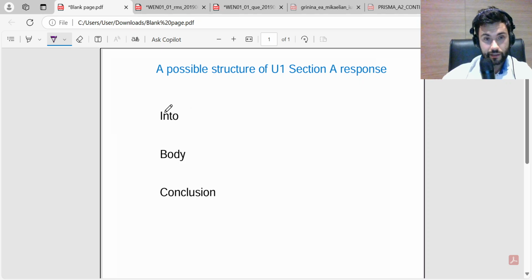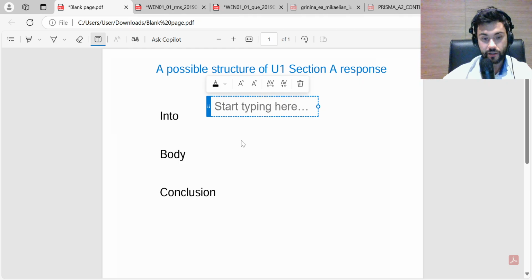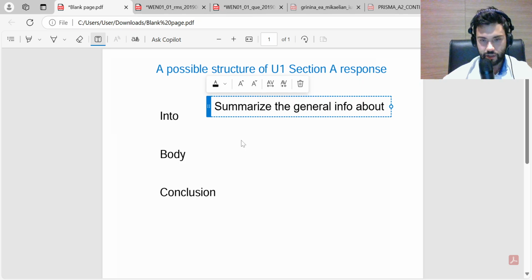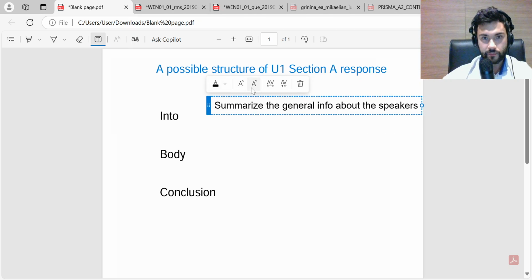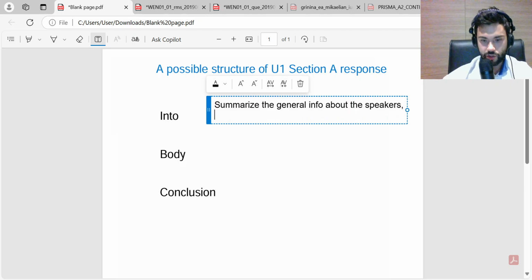So when we speak about the place of the introduction, what do we put there? I think that it's a good idea to summarize the information that we know. So we summarize the general information about the speakers and also contexts.